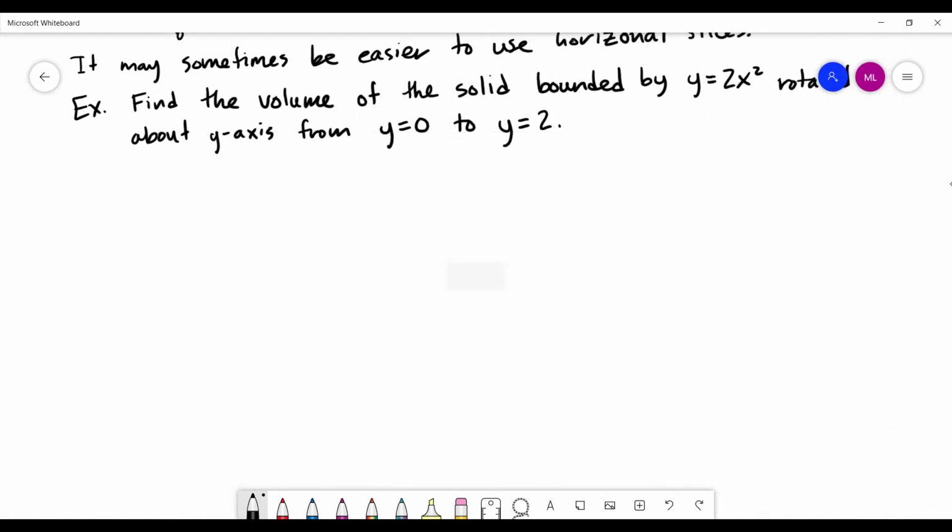So y equals 2x squared, if I were to draw that, is a parabola. It's a fairly steep parabola. It goes up like this in both directions.